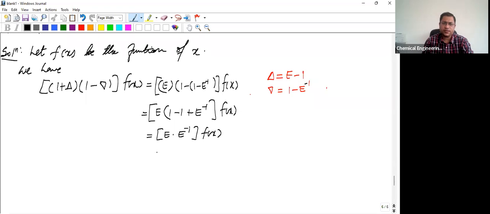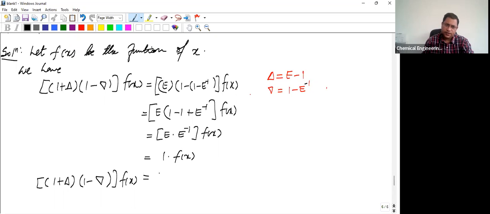So E into E inverse is the same as identity. So it is going to be 1 operated on f of x. So what we get here is that 1 plus delta into 1 minus del operated on f of x is the same as 1 operated on f of x.